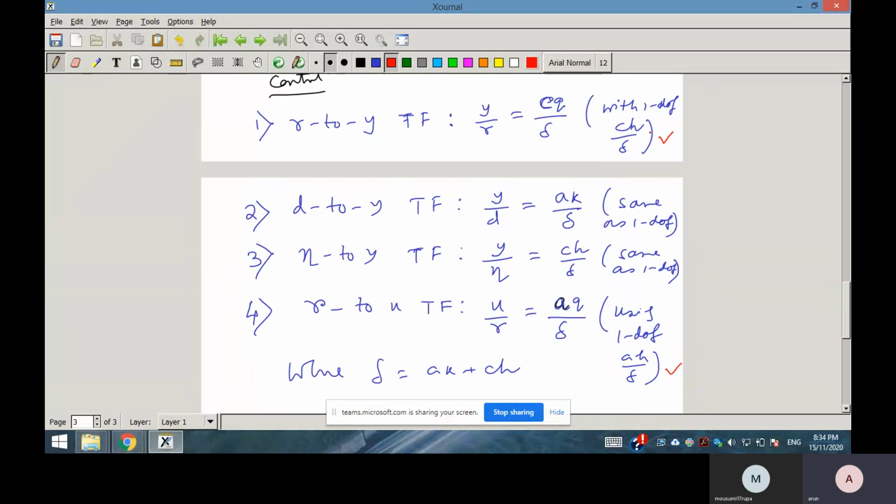So once, as you have seen, once you have designed the closed loop poles, delta, then your H will become fixed, H as well as K. Once you choose the closed loop poles, H and K will be fixed.